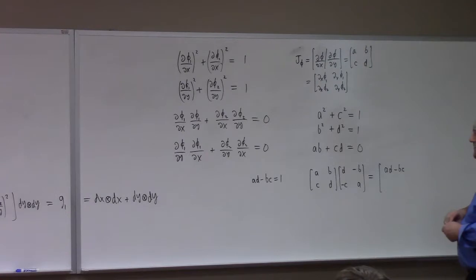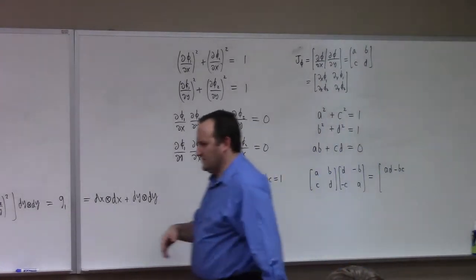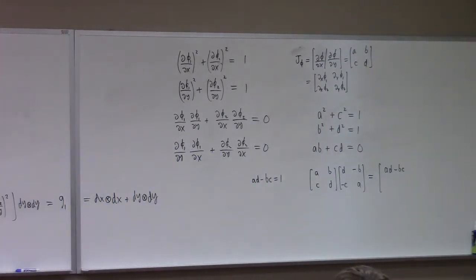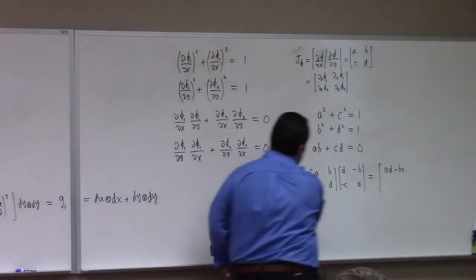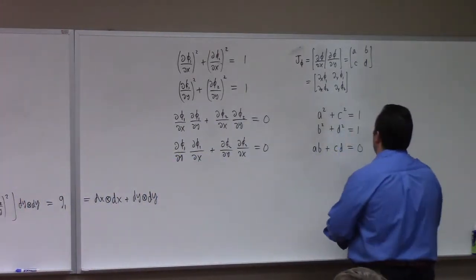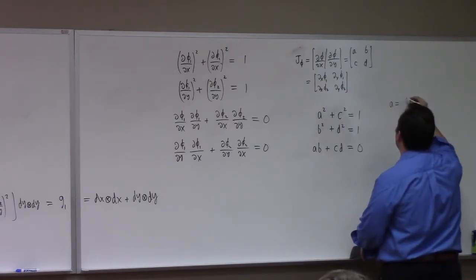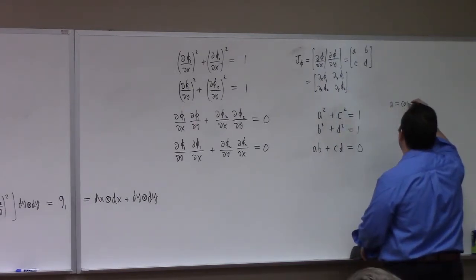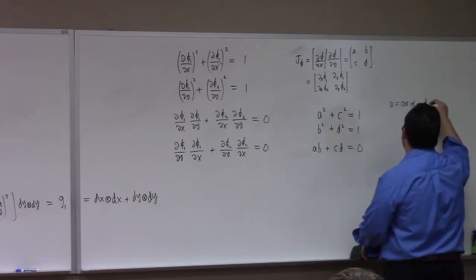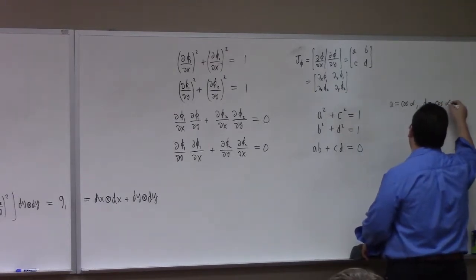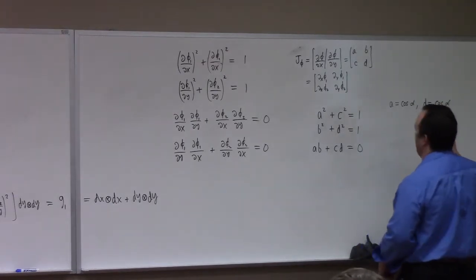Can we say let A equals sine alpha, C equals cosine alpha, B equals sine beta, D equals cosine beta? That's better. So A and C are sine and cosine of alpha, and B and D are sine and cosine of beta, and then look at the third equation.